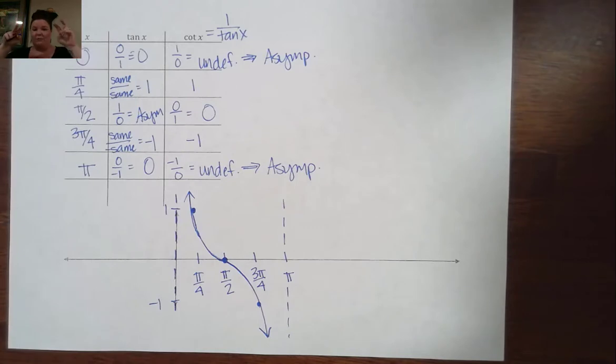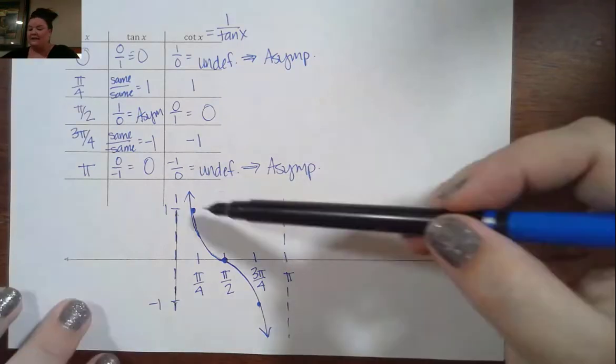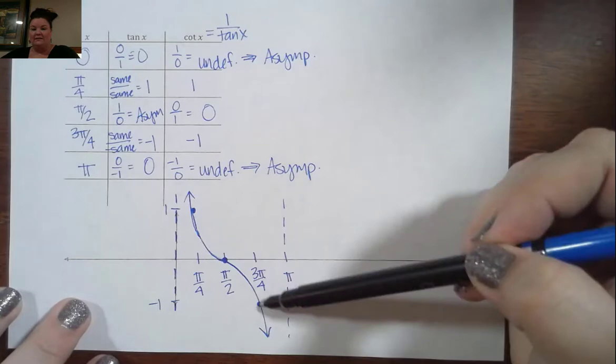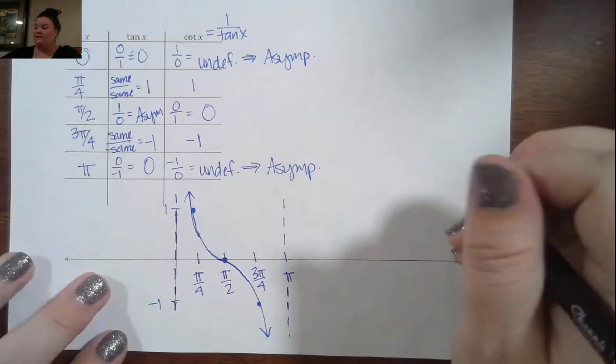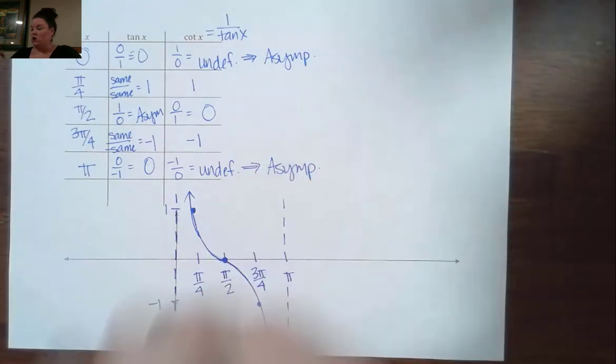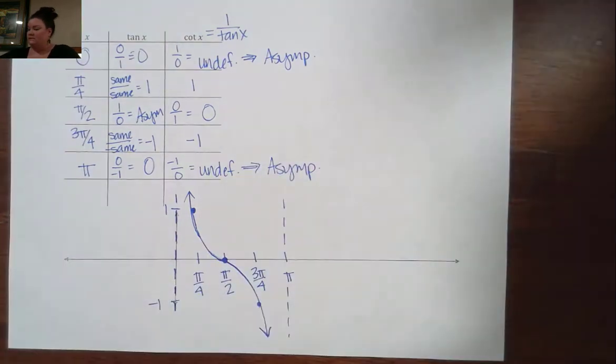Tan on the run, sky's the limit, goes from negative 1, 0, 1, keeps going up. Notice cotangent is decreasing, meaning it's going down.